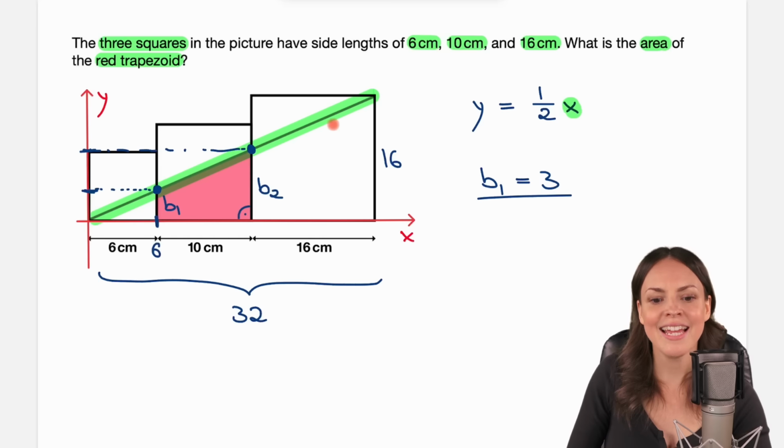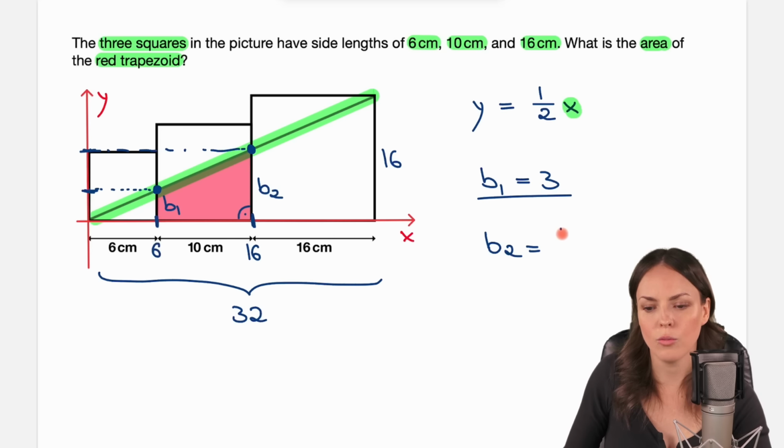Okay, we found it. Same thing with b2, which is my x value at b2 here. It is 6 plus 10, so 16. So I insert 16 this time into the x, so that I have 1 over 2 times 16, and 16 over 2 equals 8.